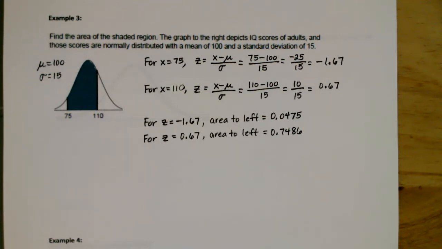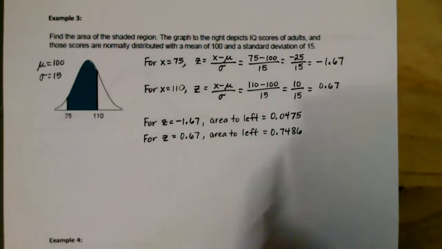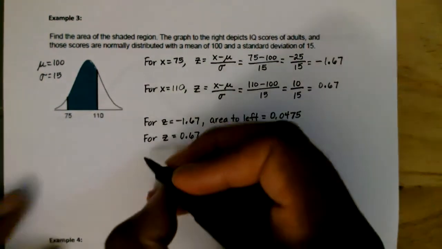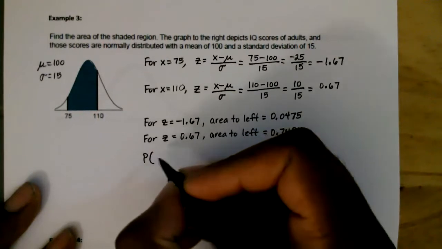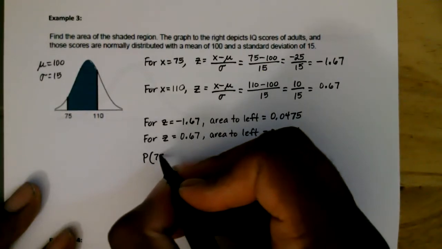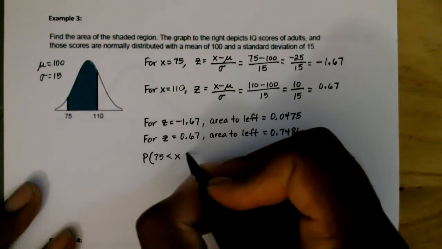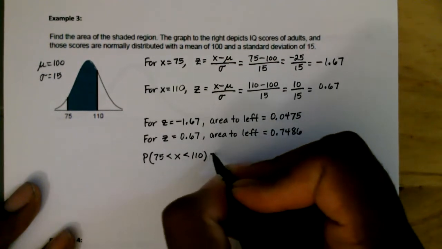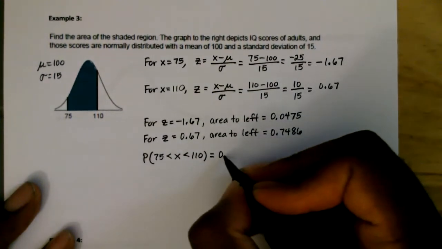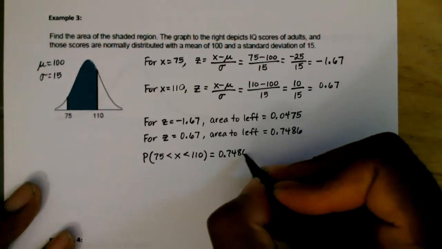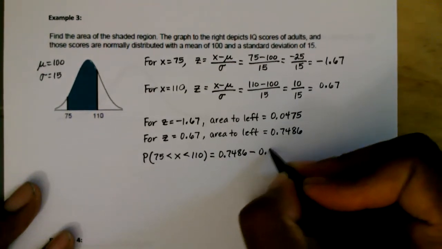Now, as you know, when we're finding the area in between, we have to subtract those probabilities. So the probability that some x value is between 75 and 110, we subtract 0.7486 minus 0.0475.